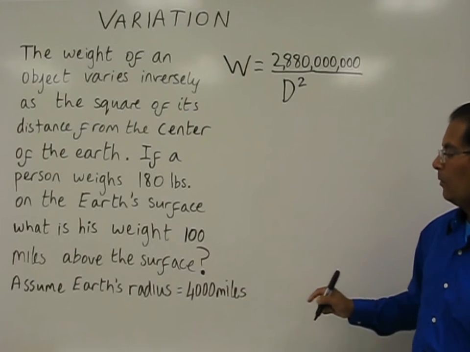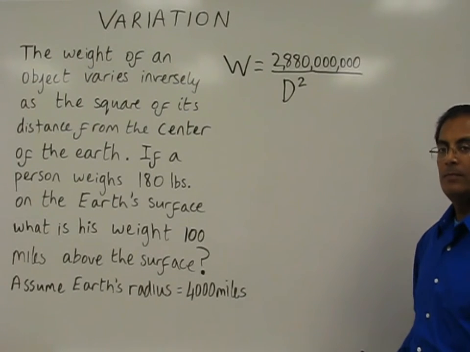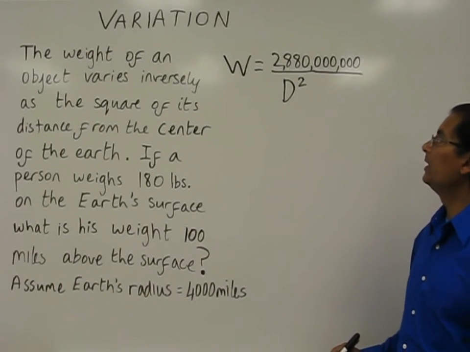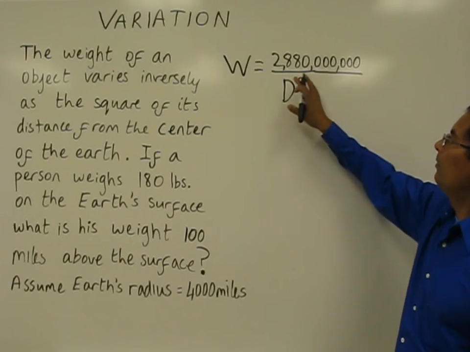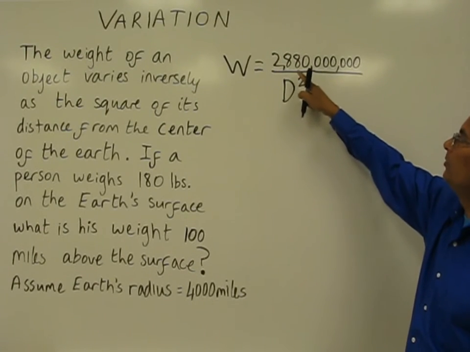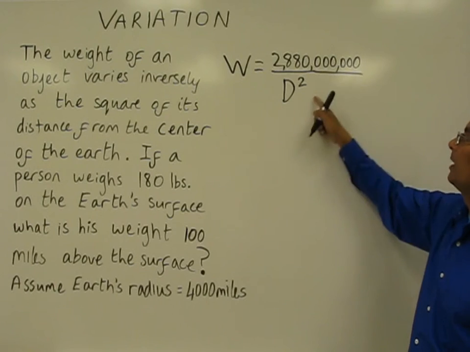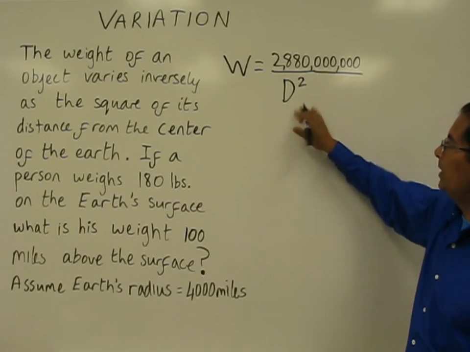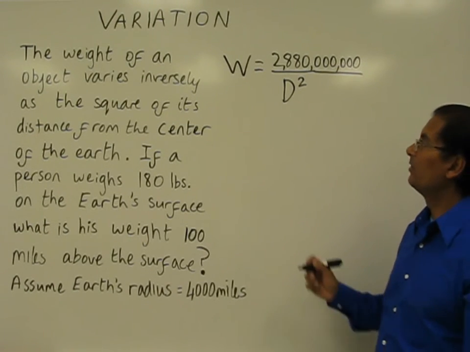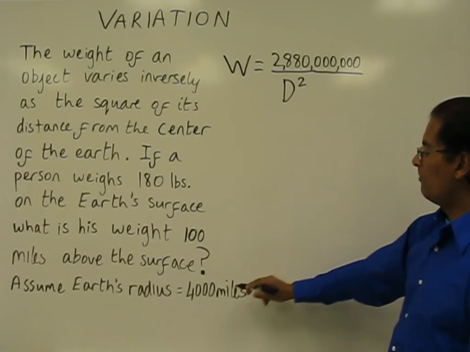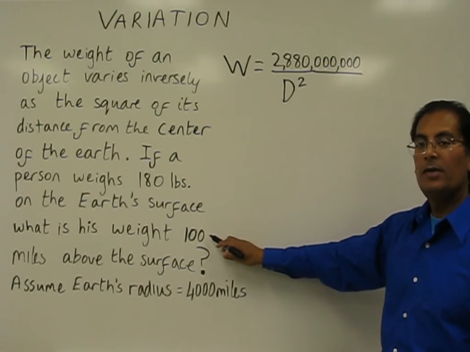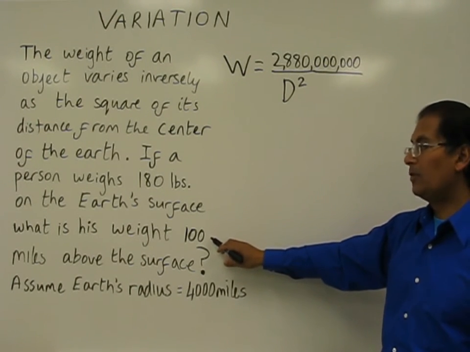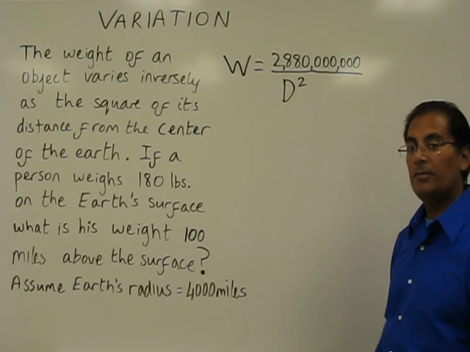So we could plug this in for k here and continue on with the problem. We're asked now, what if you go 100 miles further? What is the weight of this person going to be? So W is 2,880,000,000 divided by d squared. We need to plug in our new distance. Our new distance is 4,000 miles plus 100 miles, because we're going up a further 100 miles from the surface.